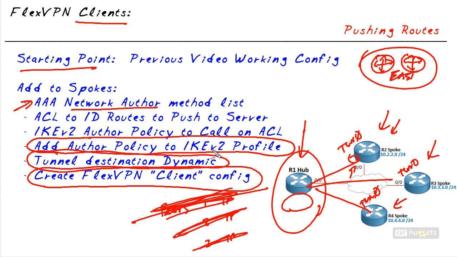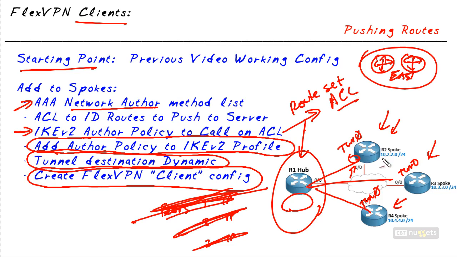Now you might say, Keith, well, what's the advantage of linking an authorization policy to an IKE v2 profile? The benefit is that inside of our IKE v2 authorization policy that we're putting into our IKE v2 profile, we can use the command route set, and we can call on an access control list that identifies, for example, 2 or 3 networks.